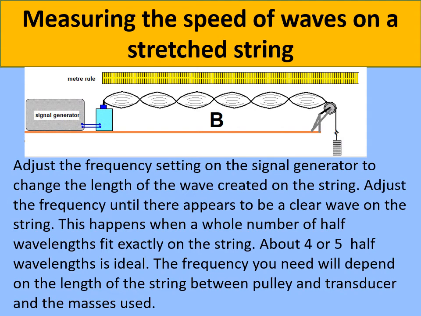Adjust the frequency until there appears to be a clear wave on the string. This happens when a whole number of half wavelengths fit exactly on the string. You probably want to create about 4 or 5 half wavelengths; that would be ideal. The frequency you need will depend on the length of the string between the pulley and transducer, and the masses that you're using as well.